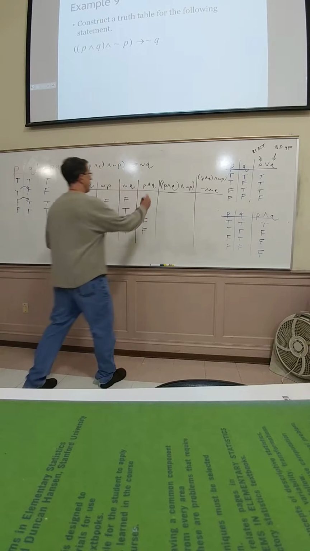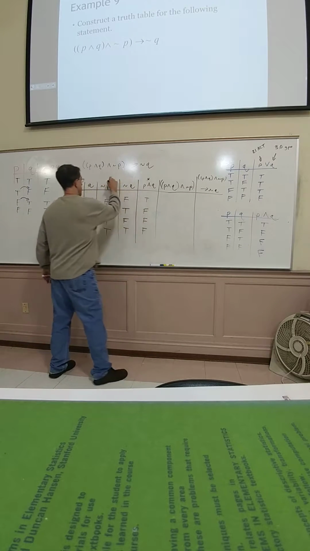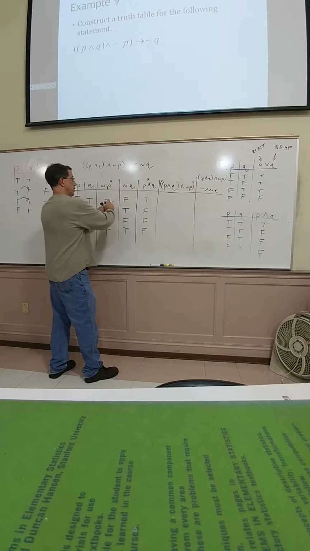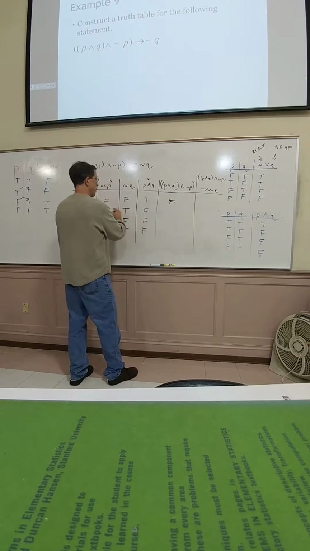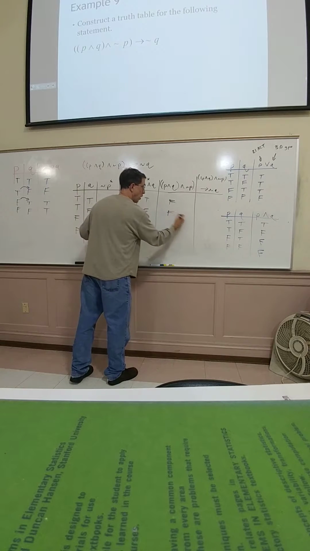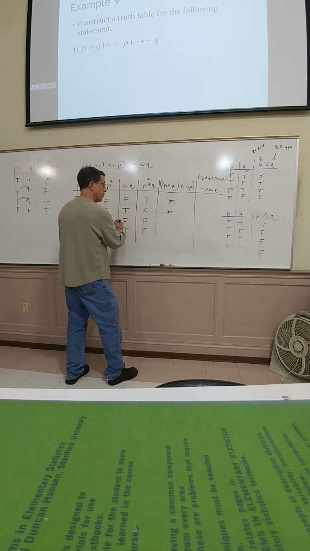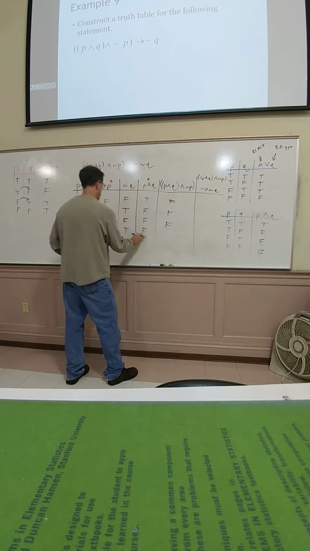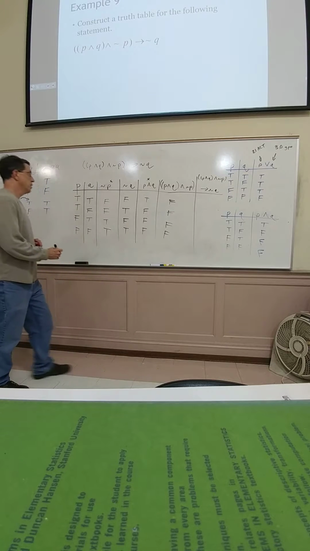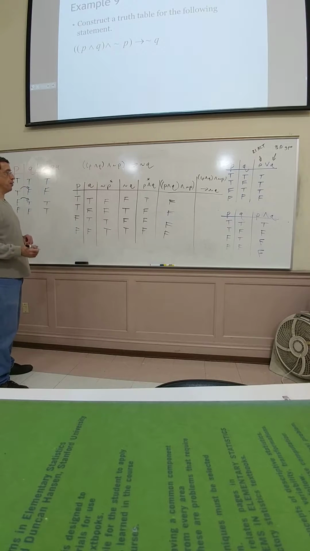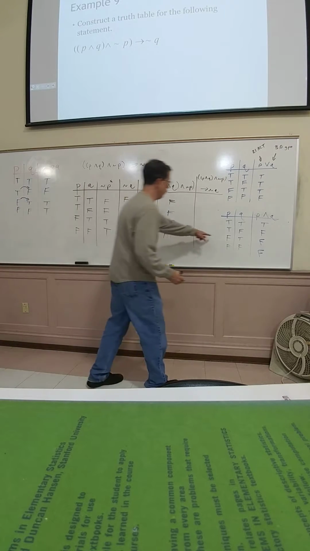All right, now comparing P and Q to negate P, we look up: F, T and F is F. F and F is false. F and T is false. And then F and T again is false. We actually only used the last three rows, 3 and 4, on that example.